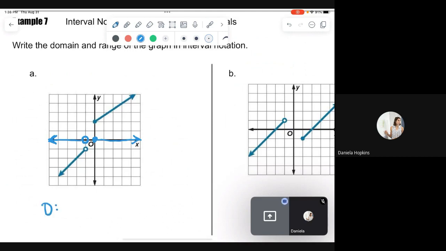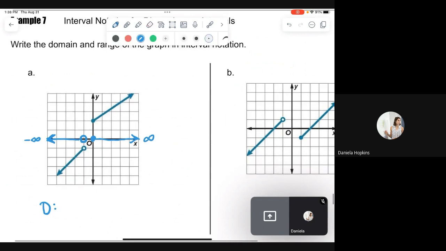So if I look at the leftmost part of the blue line, what's my minimum value here? Negative infinity. And then what's that open circle at? If you can see it. Hard to see. Negative 1. And it's not included, so I'm going to put a parenthesis.